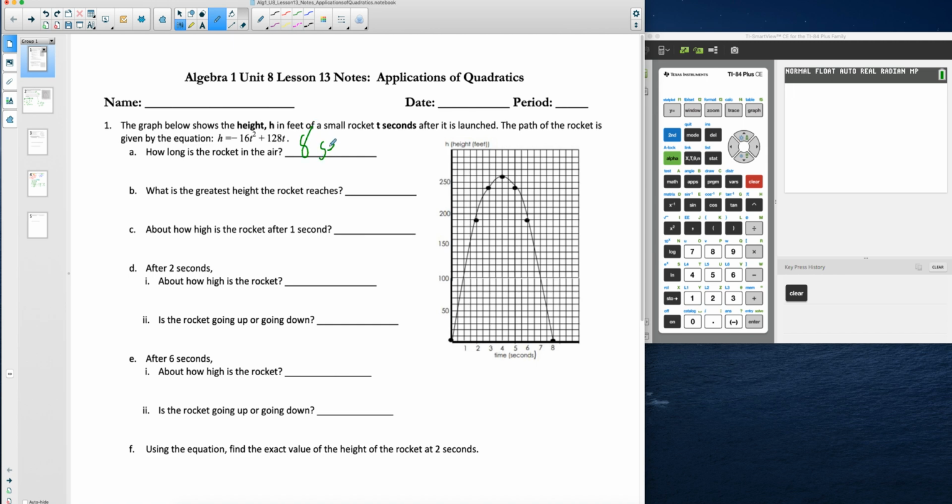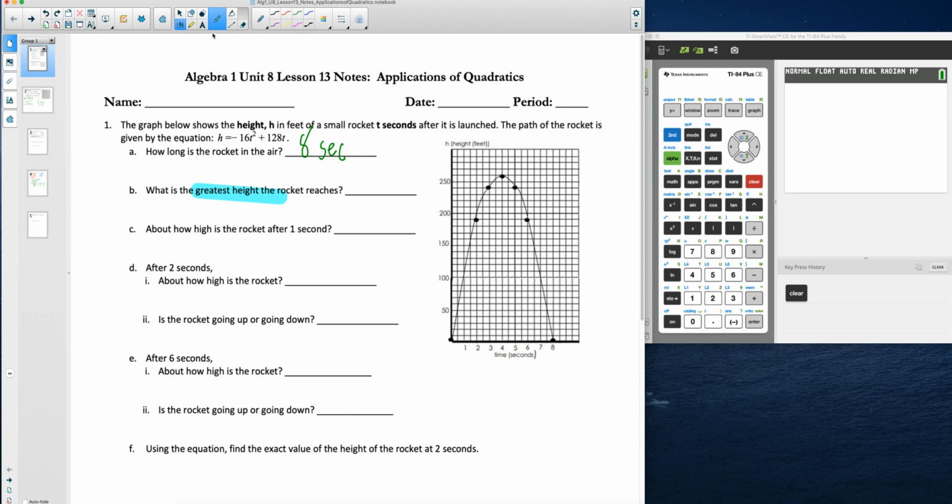And we want to try to use units as much as we can when we're doing application questions. Now, it says, what is the greatest height or the maximum height? These are some of those key phrases that we want to make sure we think about when we read these types of questions. So what is the greatest height of the rocket?